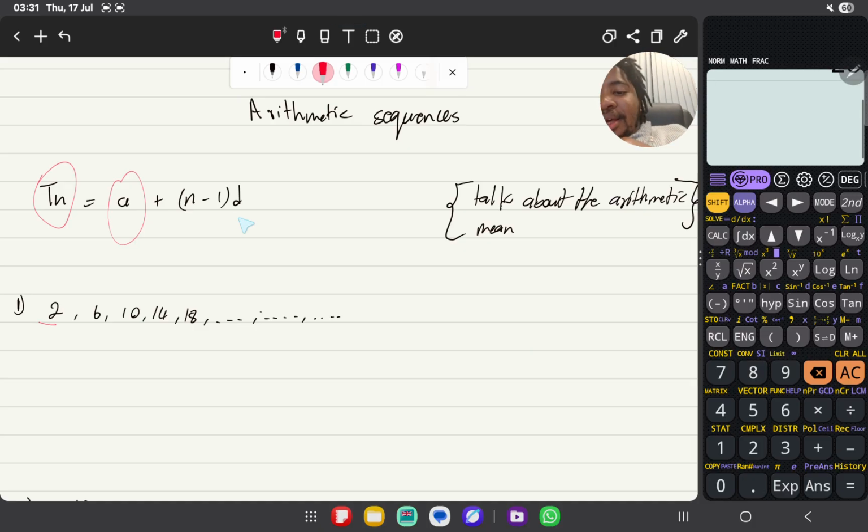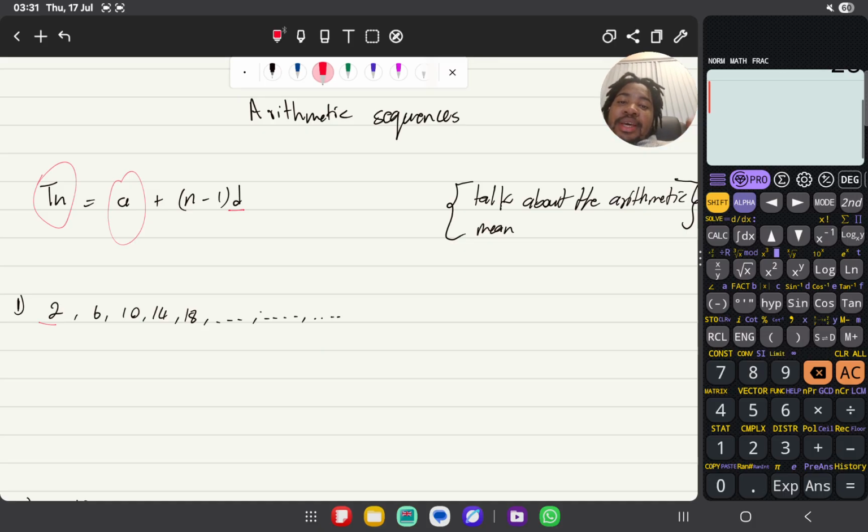Then another thing we have to worry about is the common difference, but it's quite simple. You just subtract two consecutive terms, or two consecutive numbers in your number pattern or your sequence.